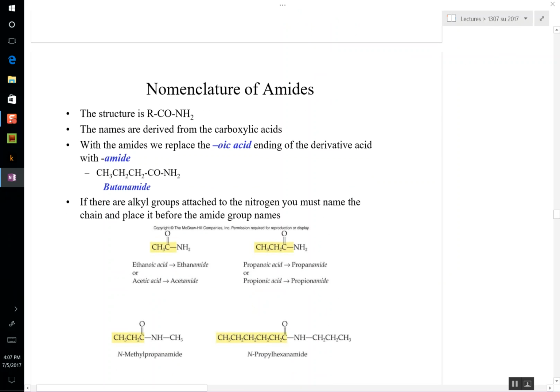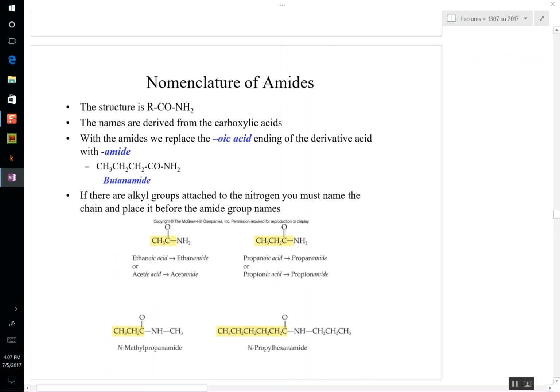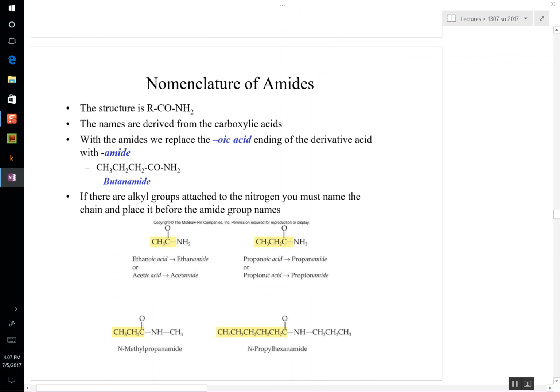How do you name amides? Well, you don't need to do a deep dive here. I think there's a slide that has a few amides that I basically say know those amides. There's about 3 of them. You can get the flavor of it right here.